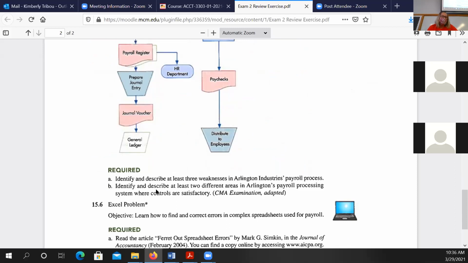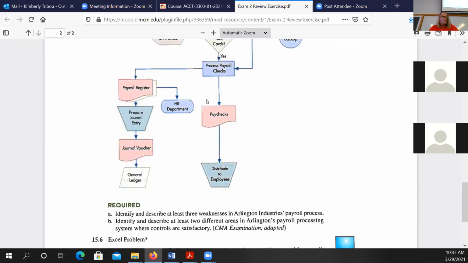So what's the third output of this process? Anyone online have a guess? So we've talked about paychecks as one of the outputs of the process.